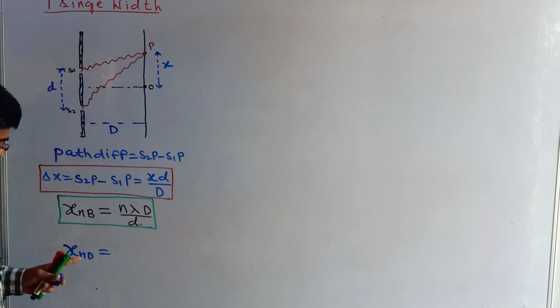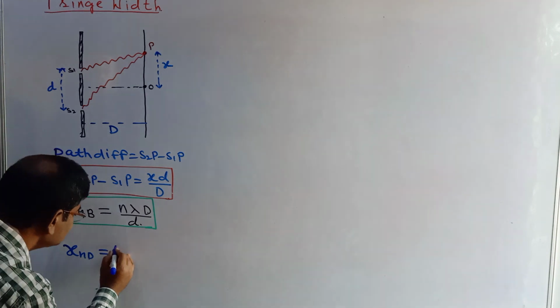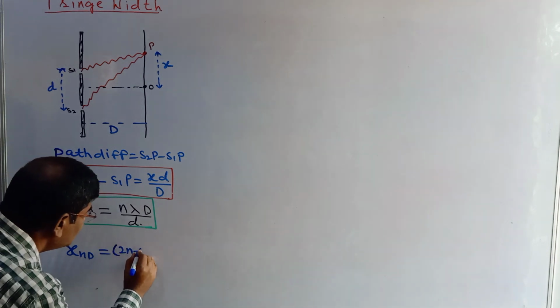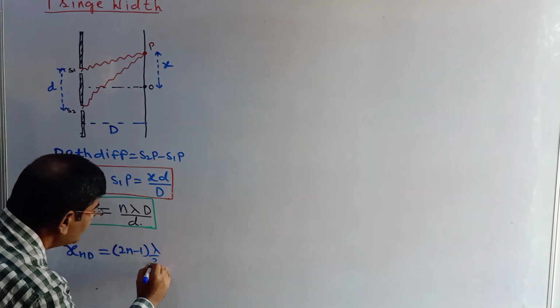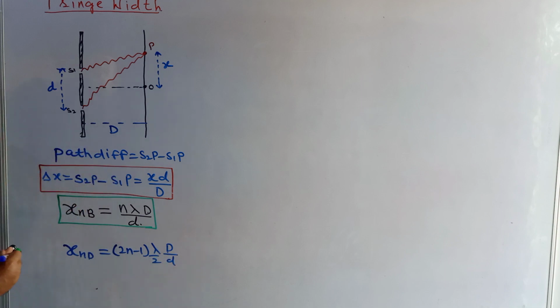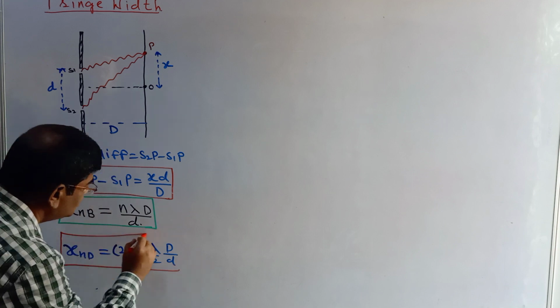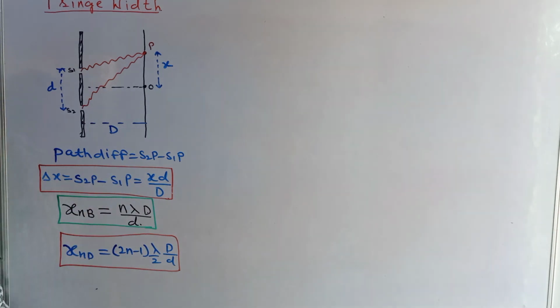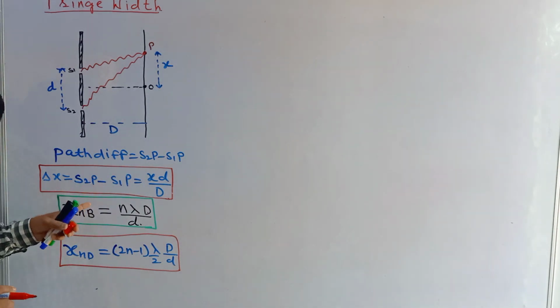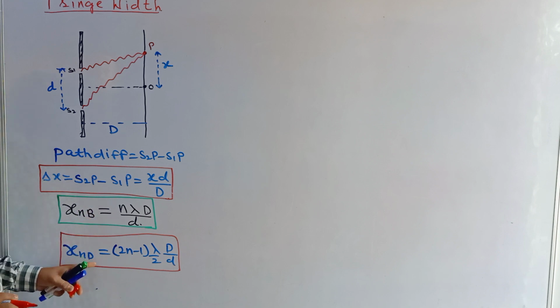Again D I am using for dark, and that I get as (2n minus 1) lambda D by 2d. So the location of the nth dark band on the screen. It's an important thing. In this equation, I would note the position of the nth bright, position of the nth dark.